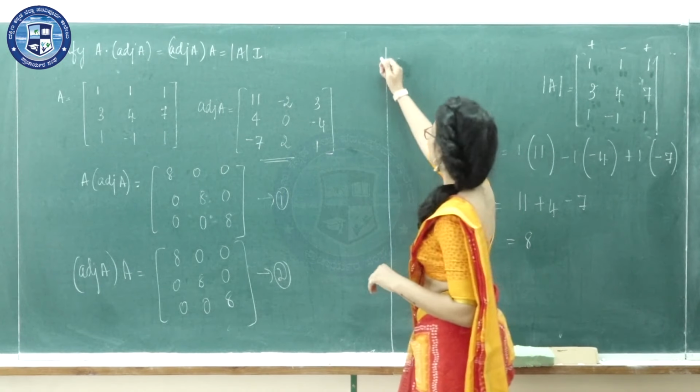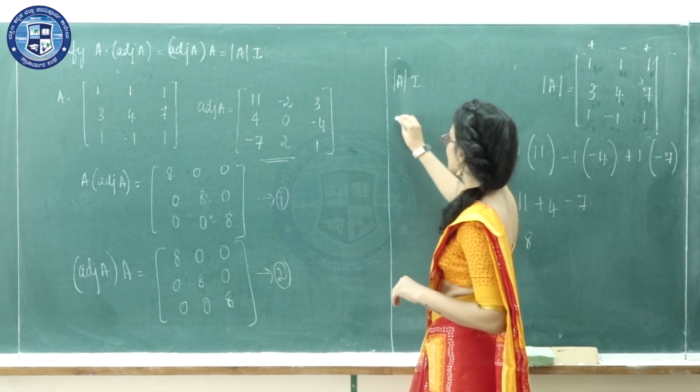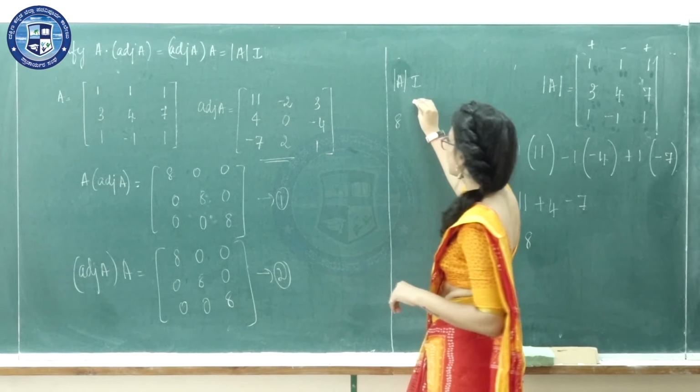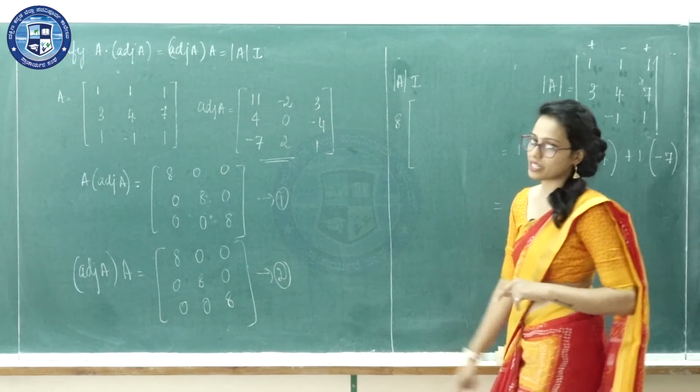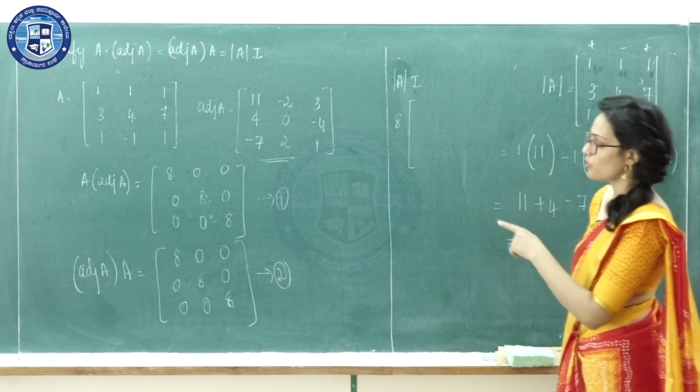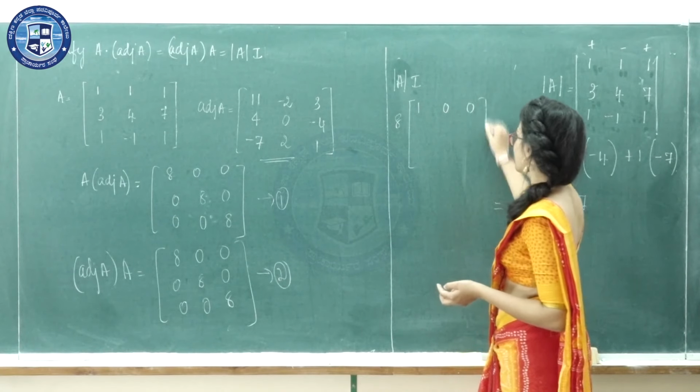So, we have to find what is determinant of A into I. So, it is equal to 8 into I. What is I? Identity matrix or a unit matrix of the same order as that of A. So, we will take the 3 cross 3 identity or unit matrix.